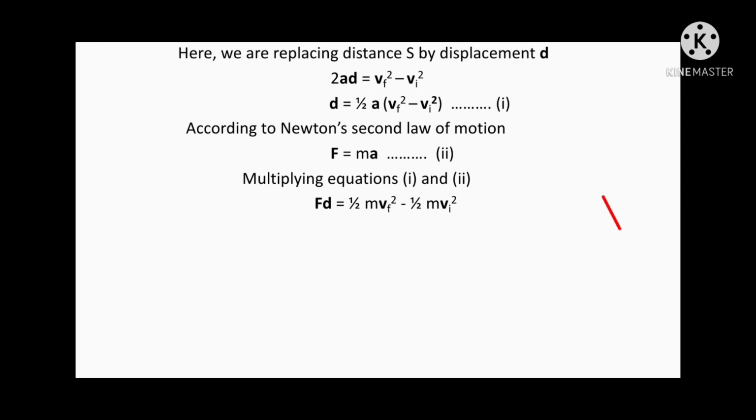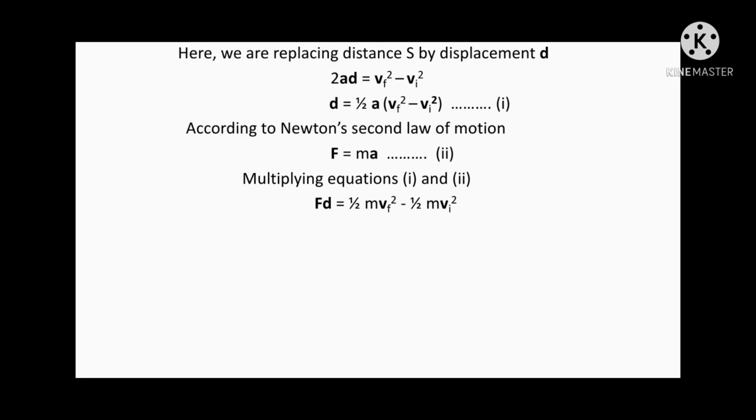So we are replacing distance s by displacement d. Since displacement is a vector quantity, we use a bolded letter for it. So we got 2ad = vf² − vi². Finally, we got d = (1/2a)(vf² − vi²).